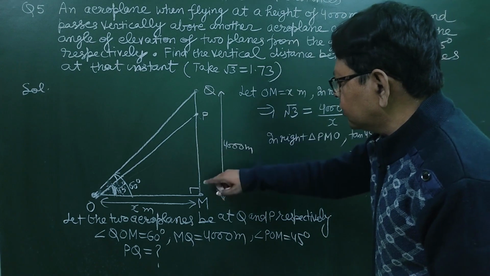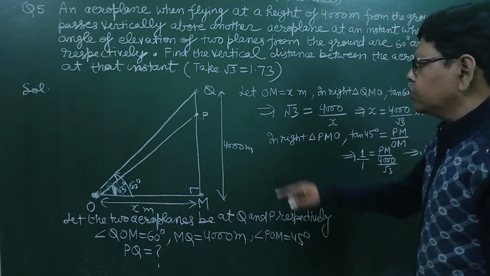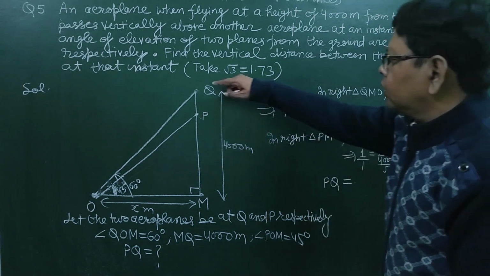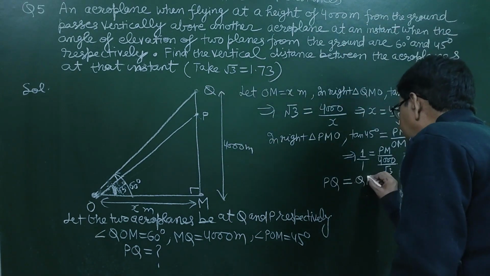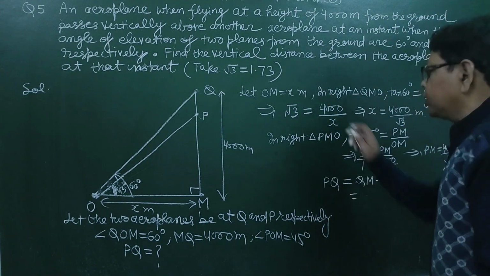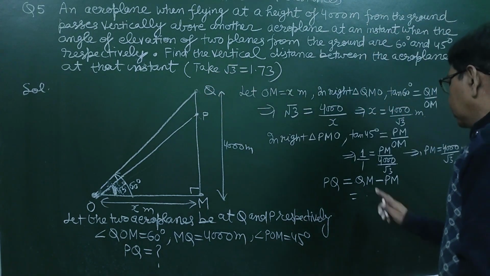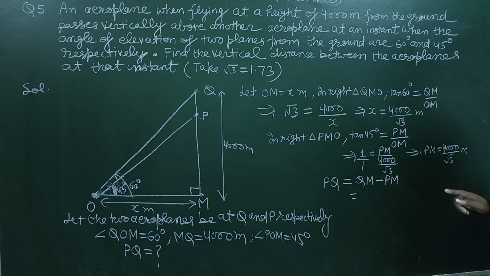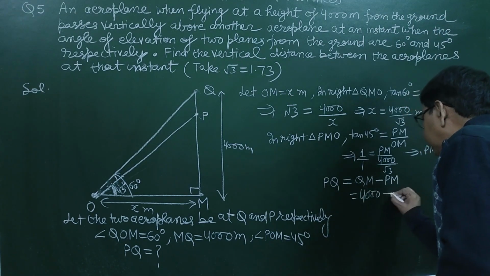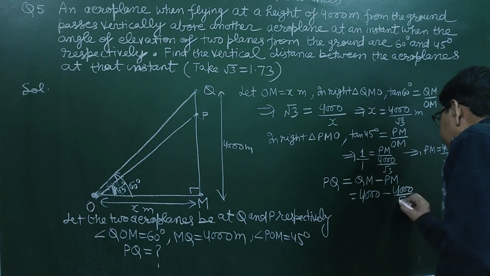So we have calculated this distance PM. So we can find the vertical distance, which is equal to PQ. PQ will be equal to the whole height QM minus PM, the vertical distance between the two planes, because the planes were at Q and P respectively. Now QM is given in the question as 4000, minus PM, which is equal to 4000 upon root 3.